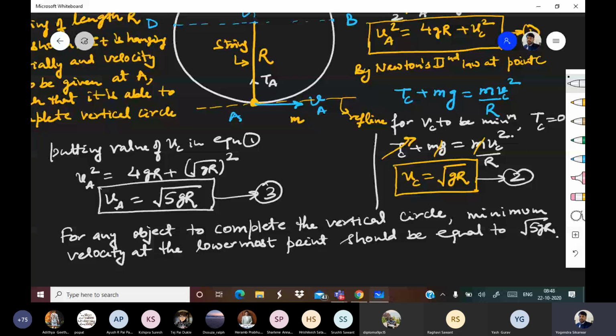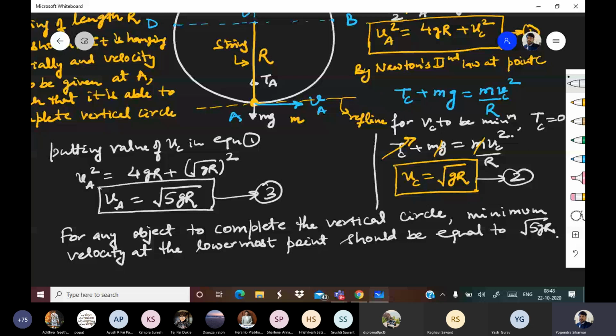TA will be upward because tension is a pull type force. Mg will be downward. Mg always acts vertically downward. Nobody can change that. Now the resultant of these two, TA and mg, will provide the necessary centripetal force.